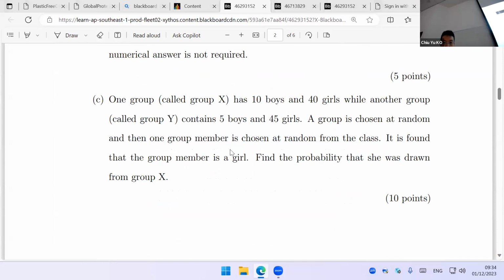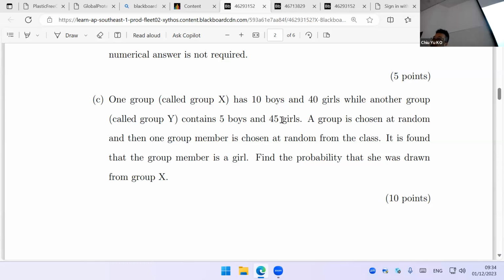Now, the question says you have a group X with 10 boys and 40 girls, and another group with 5 boys and 45 girls. And we're going to pick one student from them, but first we are going to do it in 2 steps.